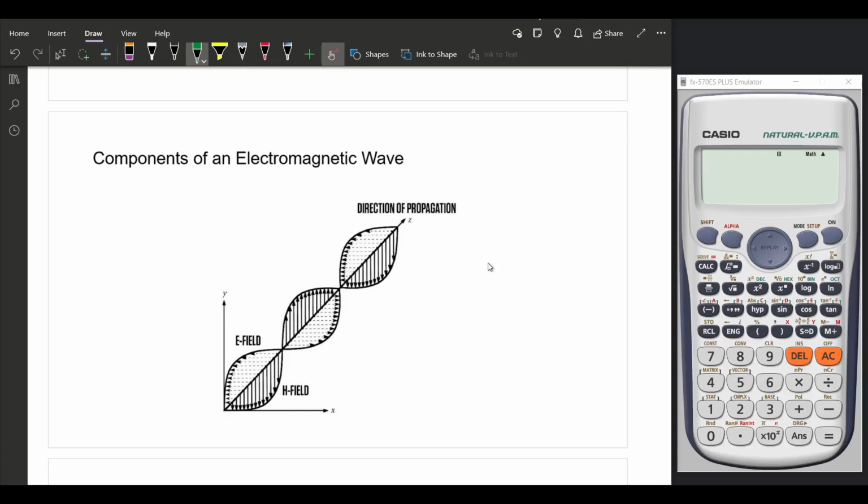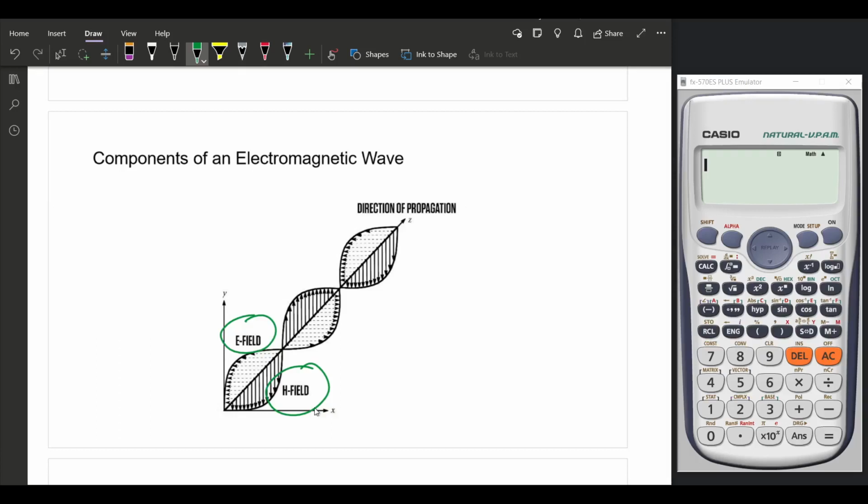So, when you say electromagnetic, kaya tinawag siyang electromagnetic dahil dalawa yung components niya. It has the electric field component and the magnetic field component. So, those two components of the signal or the wave, perpendicular sila. Okay? So, dalawa yung components and those components are perpendicular to each other.